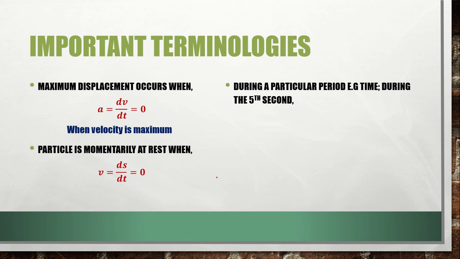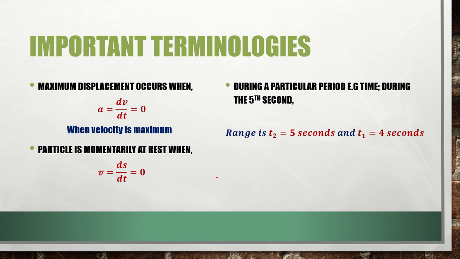When the clock ticked, for example, between 5 and 6, that is what we mean by during that particular time. So during the 5th second, it simply means between the 4th second and the 5th second. So the range you are working with to get the displacement covered is between the 4th second and the 5th second. I believe those are the main terminologies that usually confuse students.